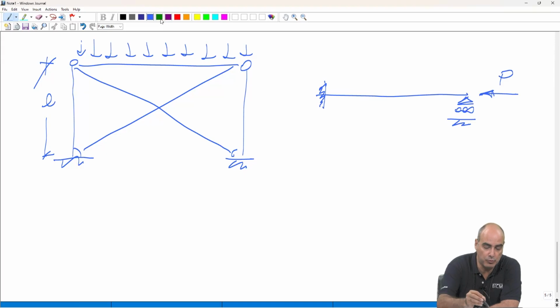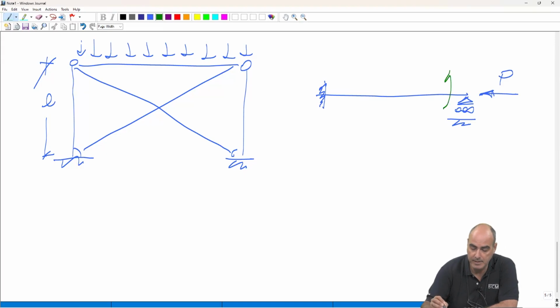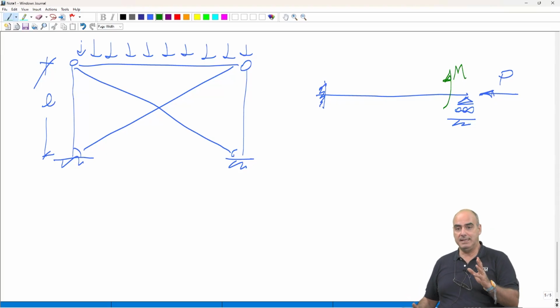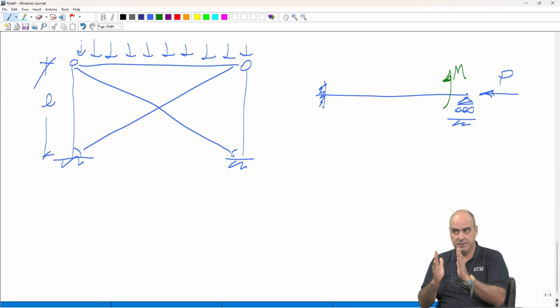Let's try to put once more the bending moment here. As we explained yesterday, that concentrated bending moment can simply be the fact that the axial force is not applied exactly in the center, but with some offset.